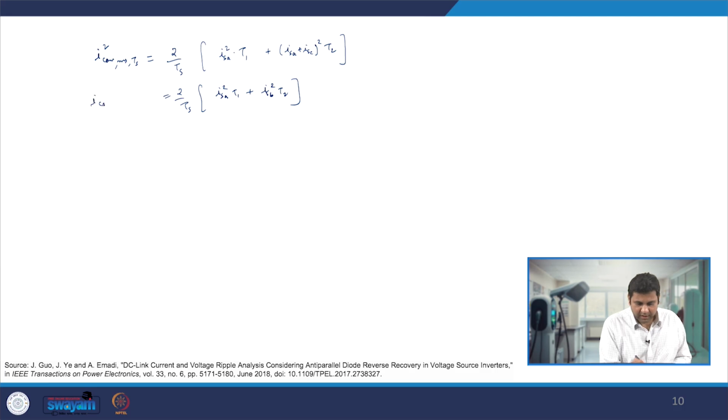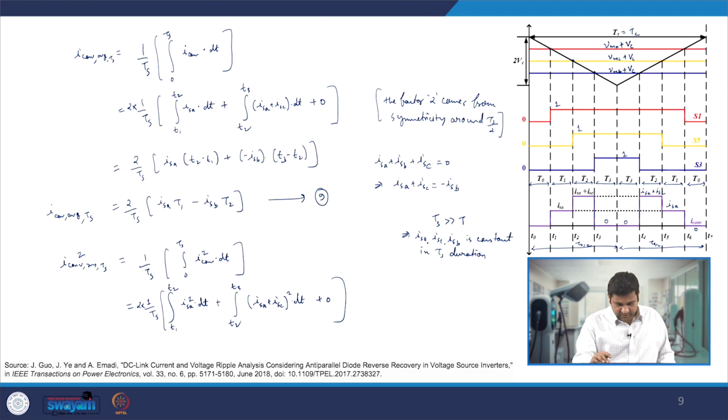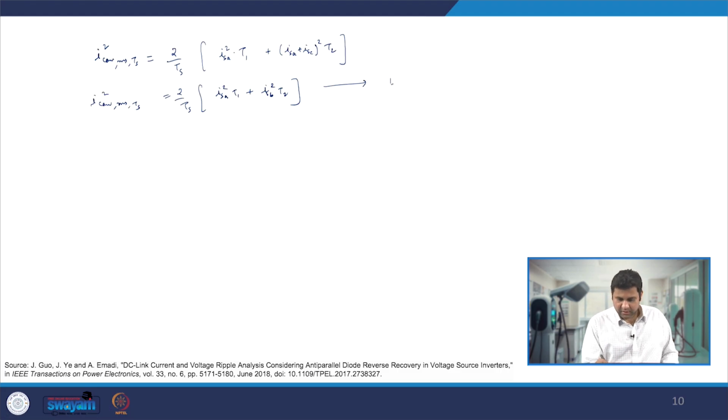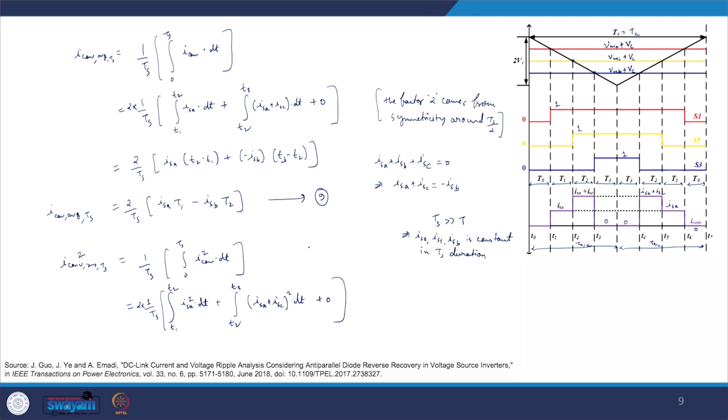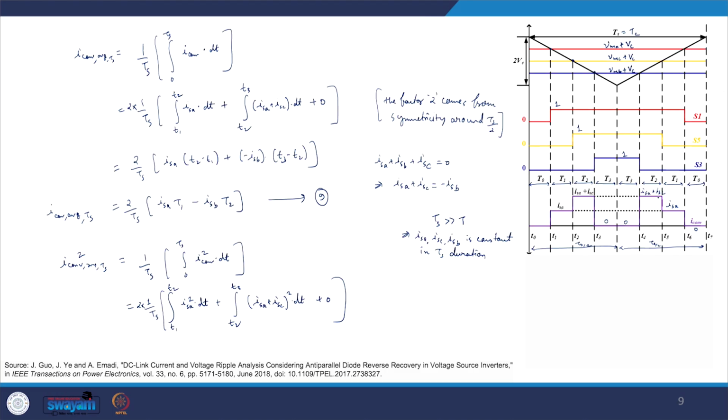This is nothing but I converter square RMS over Ts duration, and let's define this as equation number 10. So we understood the average value of I converter over this Ts duration and RMS current over the Ts duration or Tc duration.